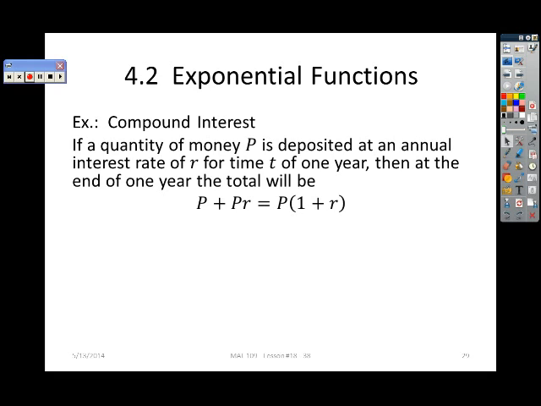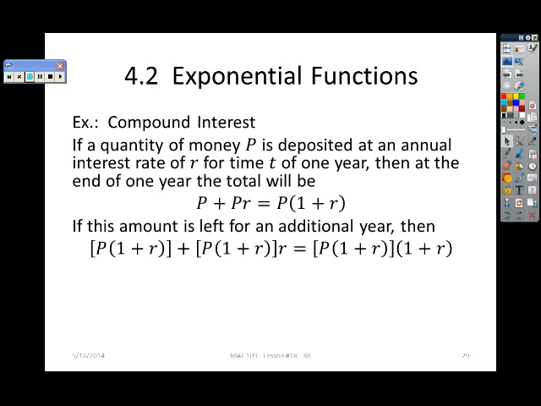If you look at it as a growth thing, if you invest a principal P at an interest rate of R, then after a year it will have grown to P plus P times R. So if I take the R, like a 5% interest, 0.05 times the original amount, at the end of 1 year, what will be there is P times 1 plus R. But now for the second year, this is what's going to be growing, and I'm going to use the interest rate on that.